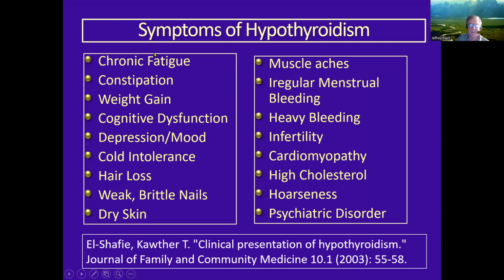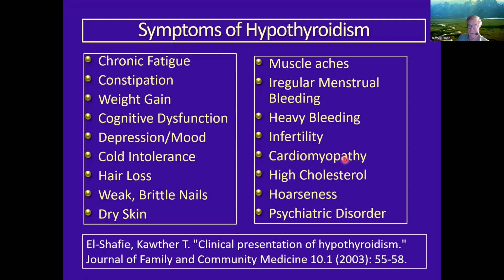What are the symptoms of hypothyroidism? Chronic fatigue, constipation, weight gain are very common. Cognitive dysfunction, because the brain needs energy and can't get any. Depression. Thyroid hormone is the ultimate antidepressive. Cold intolerance, hair loss, weak, brittle nails, dry skin, muscle aches and pains. In women, irregular menstrual bleeding, which may be heavy, and infertility, because ovarian function depends on thyroid function.